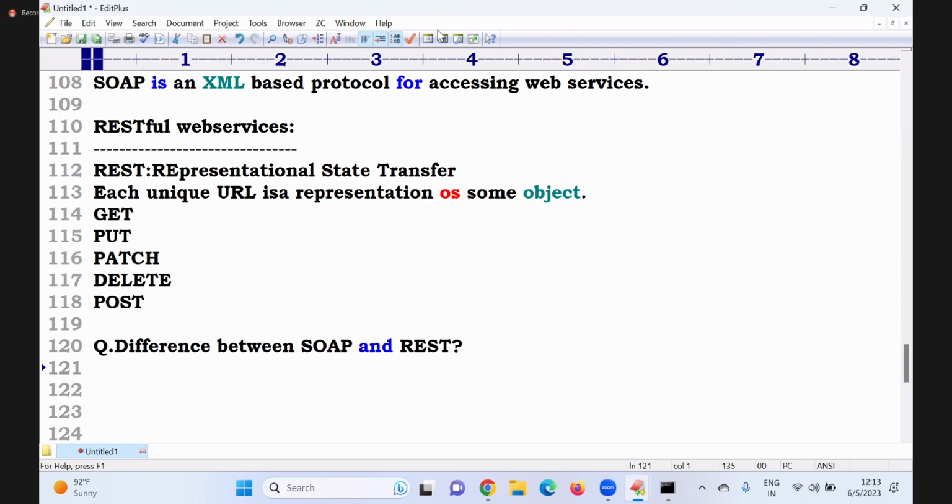REST? SOAP is using XML, REST is using JSON. Okay, nice. Less bandwidth. One is more secured, one is less secured.